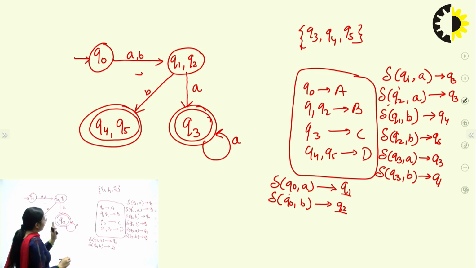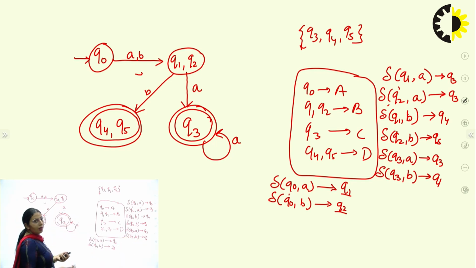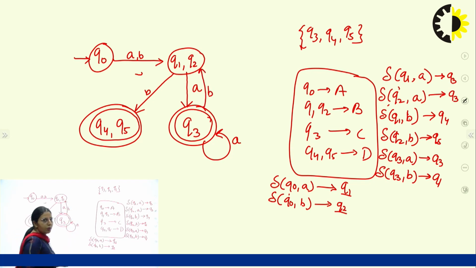Next, for input B, it goes to state Q1. Now we have to check where the Q1 state is. Q1 state is in Q1 comma Q2, so we have to mark it as B. So we have done the transition for both the inputs of state Q3.